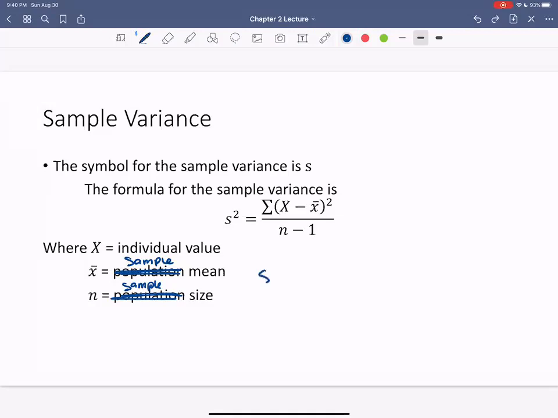The same thing, I could say s squared is the sum of the frequency of x minus x bar squared, all over n minus 1. The reason why it's n minus 1 is because mathematically it talks about the error that we could have. We try not to say all of it because we don't know it all. So it's the best estimation when we have large quantities inside of our data set.